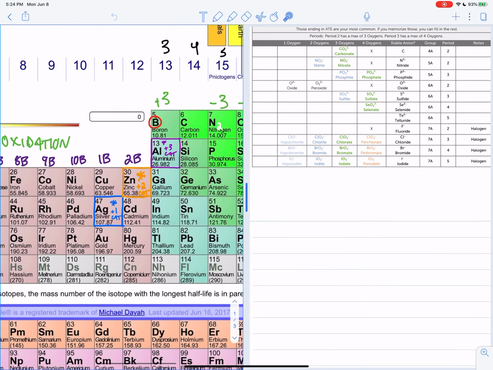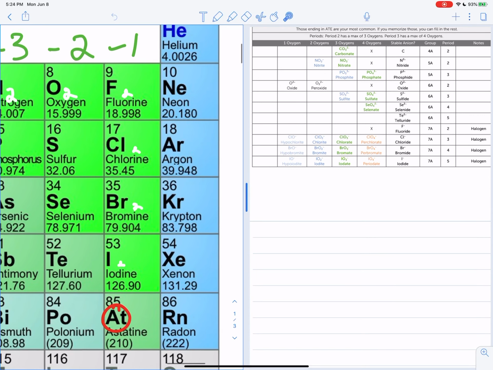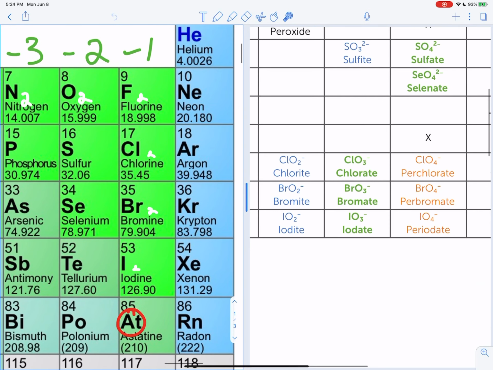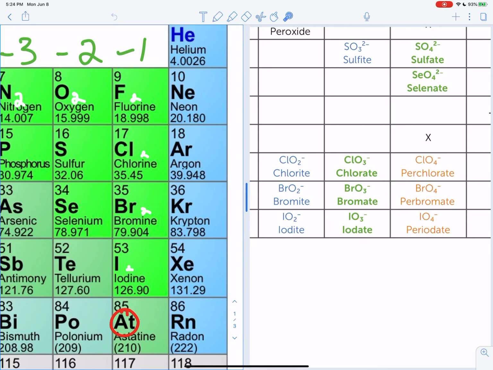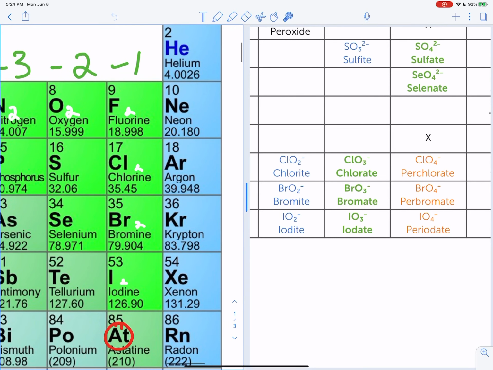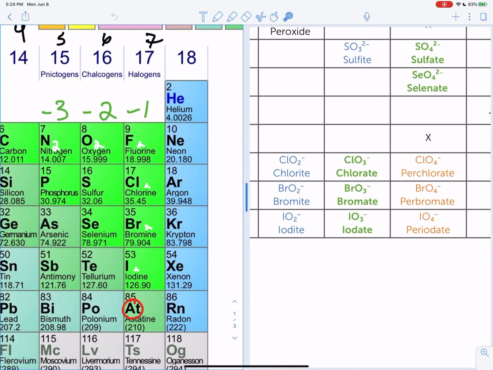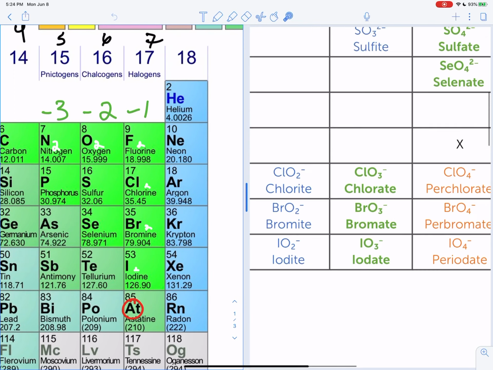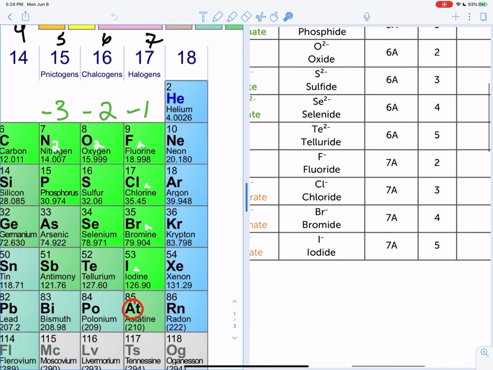let's look at a periodic table and look at our Cl, our Br, and our I, right? We have our chlorine, our bromine, and our iodine. The way I remember, well, first of all, they're in group 7A.